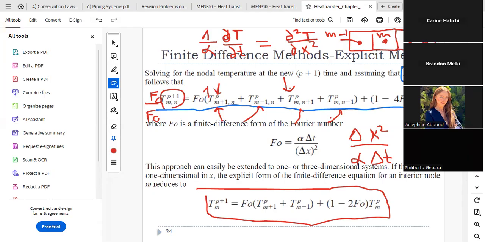And now, if I want to replace the derivative terms by numerical terms, I have 1 over alpha. We said that for the derivative of temperature with respect to time, we can replace it by a numerical term. The numerical term will be T at time P plus 1 at the center of my cell.